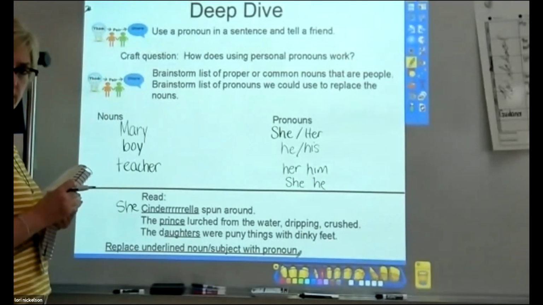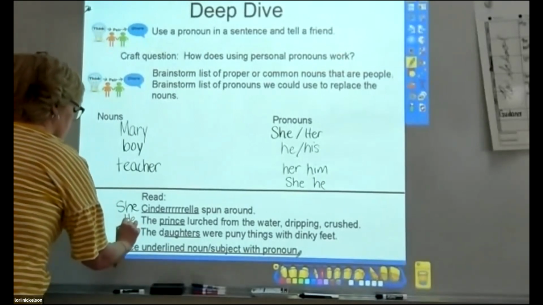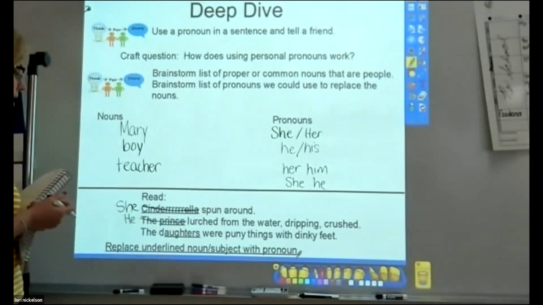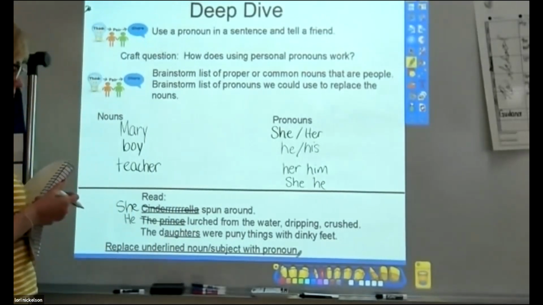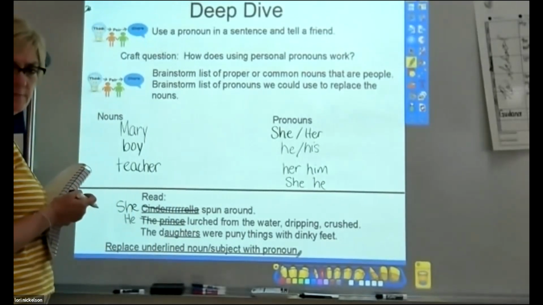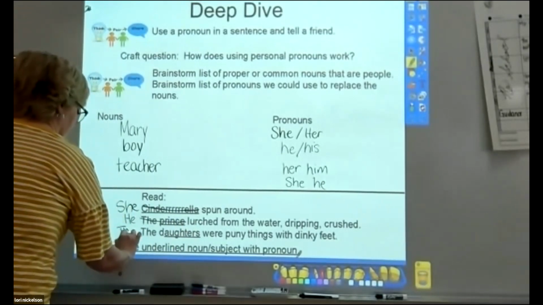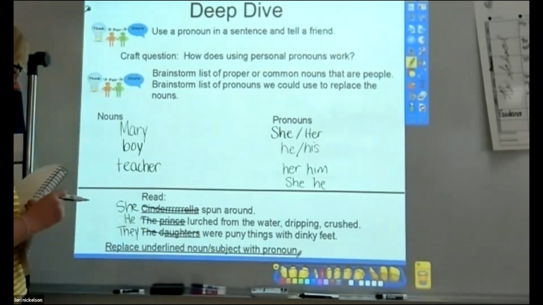What could we put for prince? He. So we can take that out and we'll take that out. The last one, the daughters were puny things with dinky feet. The daughters, how can we replace them? They were puny things with dinky feet.